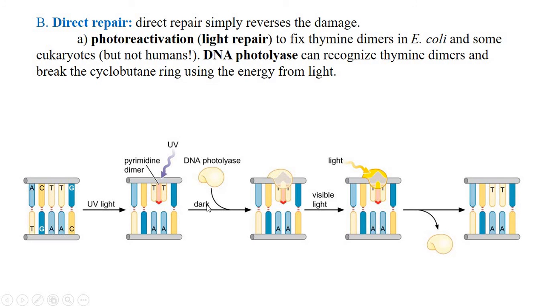DNA photolyase, even in the dark, will come and bind to this pyrimidine dimer, and when visible light hits it, using the energy from light, this photolyase will open these thymine dimers, or remove this cyclobutane ring formation, and then the photolyase will remove itself from there as well. And now these two thymines are separate, and instead of cutting and fixing it, this can be directly repaired in E. coli.